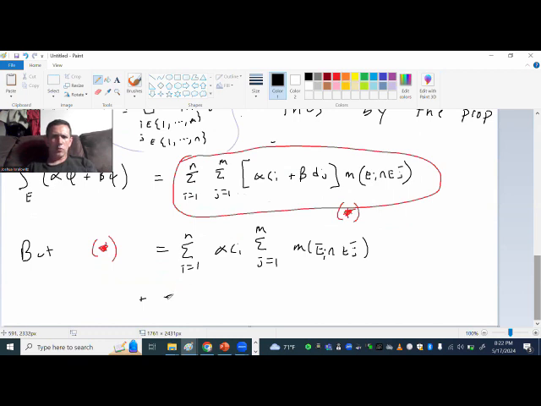So here again, I'll switch it. j equals 1 to m, beta d_j. Sorry. i equals 1 to n, E_i intersect E_j.